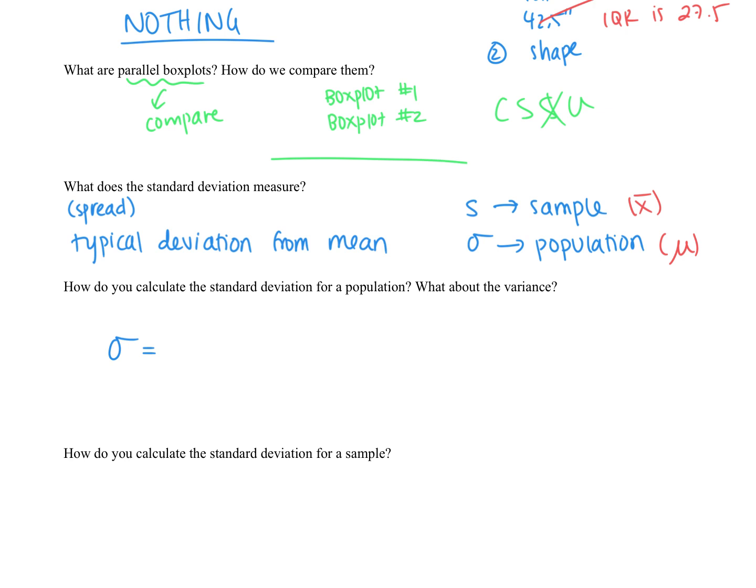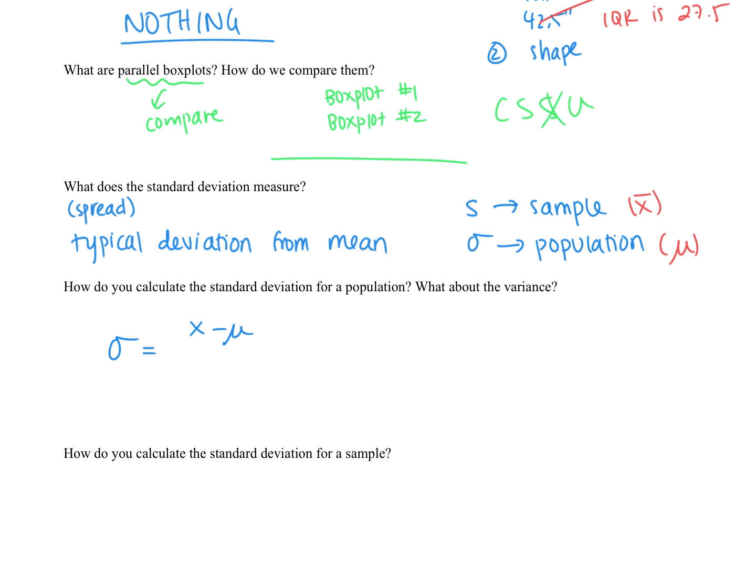Okay, if you go through word by word what standard deviation measures, the formula should end up making sense. Deviation is the difference between an observation and the mean. So we take each observation and we subtract the mean. So that's how you're going to start.